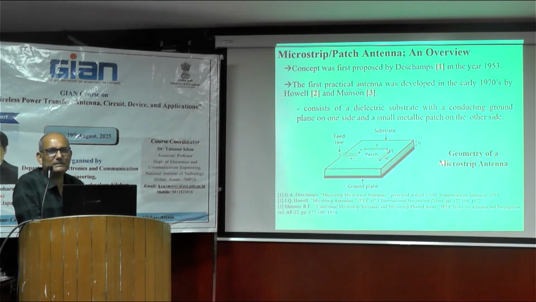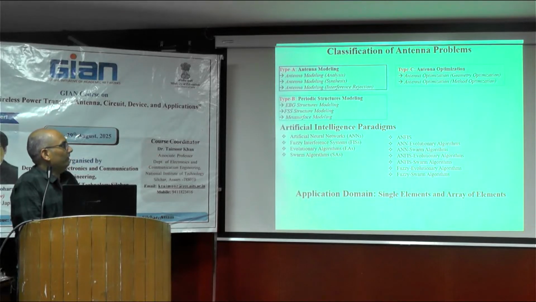This is the simplest way to correlate the previous different scenarios of antenna cases. Now, in my group, apart from RFEH and WPT, we are also working on the modeling and optimization of antenna-related or electromagnetic problems, classified into three different categories.